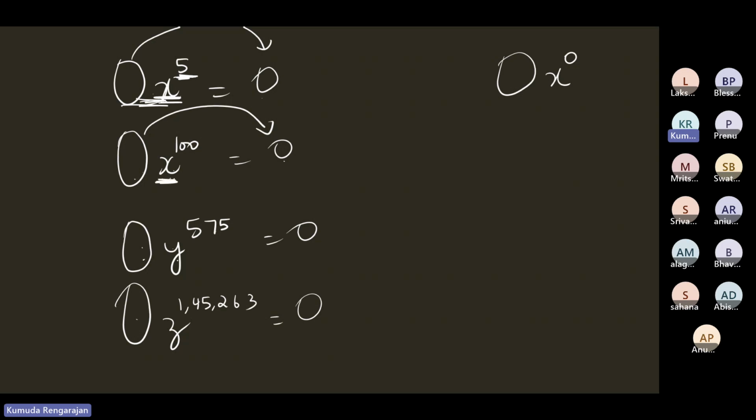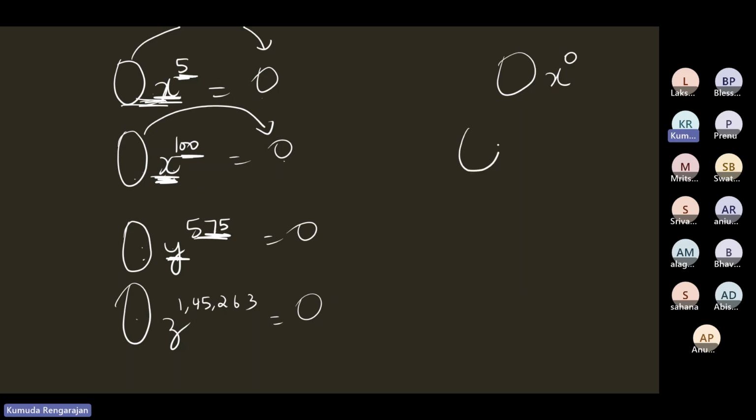In this case, you will say the variable is x, its power is 100, so the degree is 100. The variable is y, its power is 575, so the degree is 575.